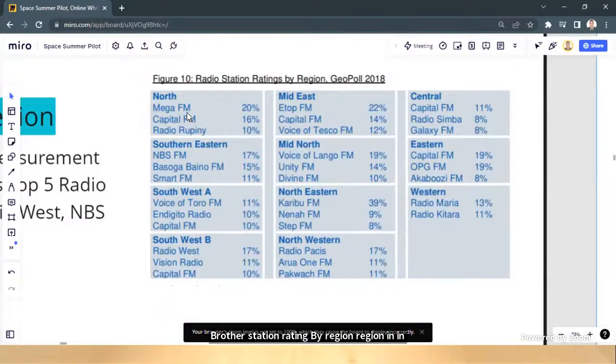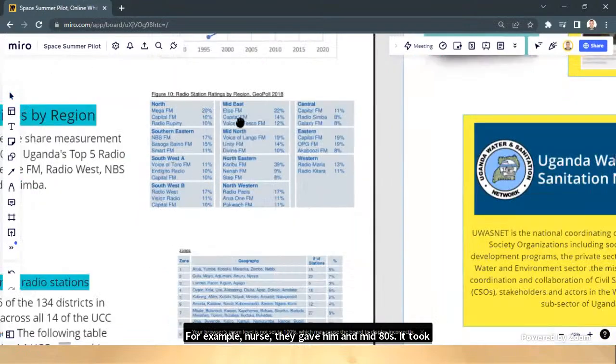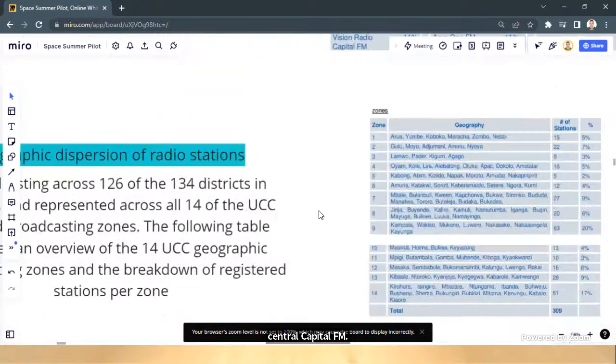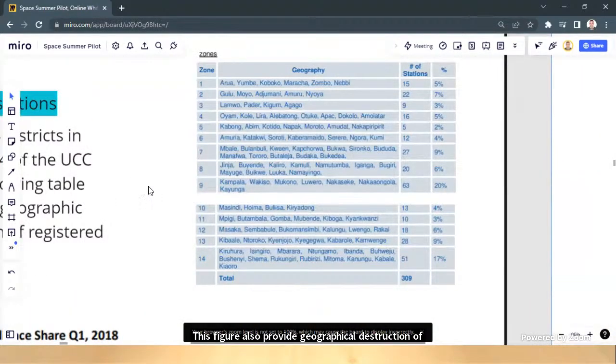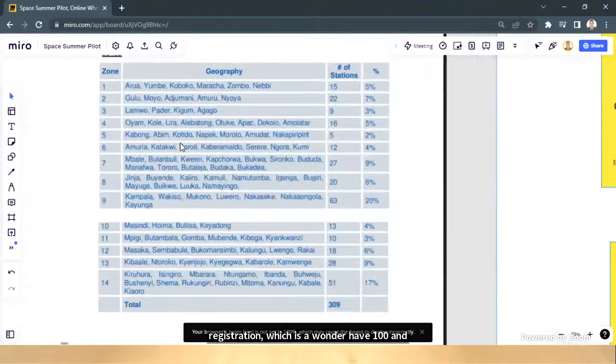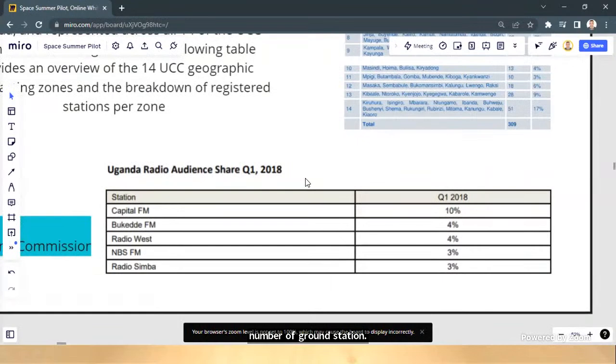For example, in the North, Mega FM; in the Mid-East, E-Top FM; in the Central region, Capital FM. This figure also provides the geographical distribution of radio stations: Uganda has 134 districts, and this represents some of the districts and the number of radio stations they have. The last figure shows the most popular radio station overall in Uganda, which is Capital FM.